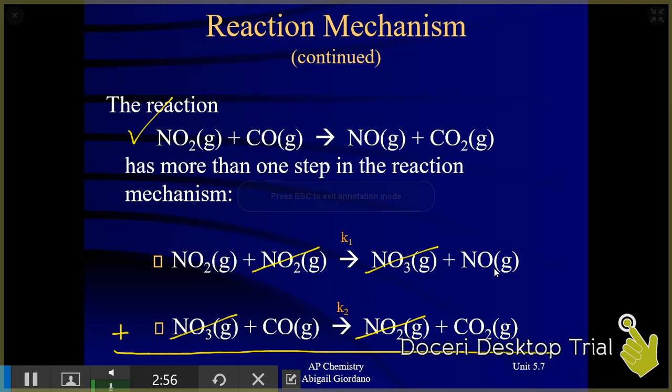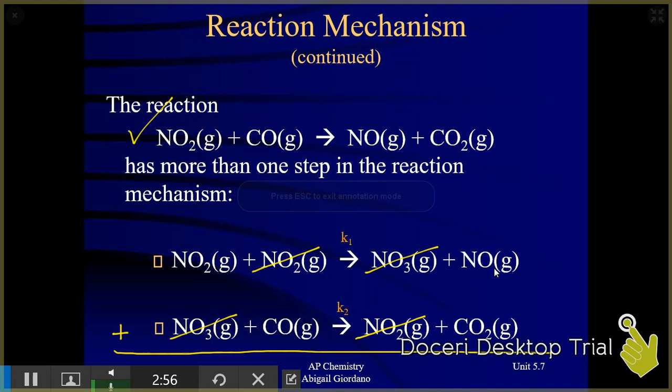Now, the good news is, guys, you will not be expected to come up with a reaction mechanism. If I just give you an overall reaction, you are not expected to say, oh yeah, I bet that overall reaction takes place in 3 steps, and then write them out. That's above the level of this class.